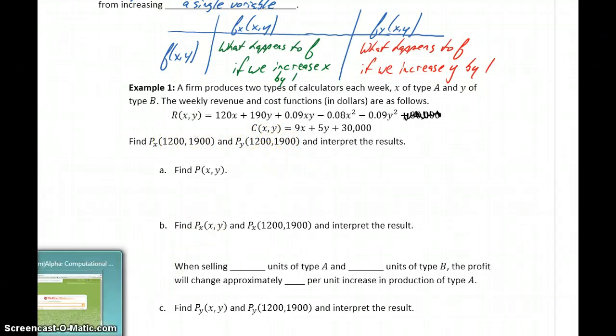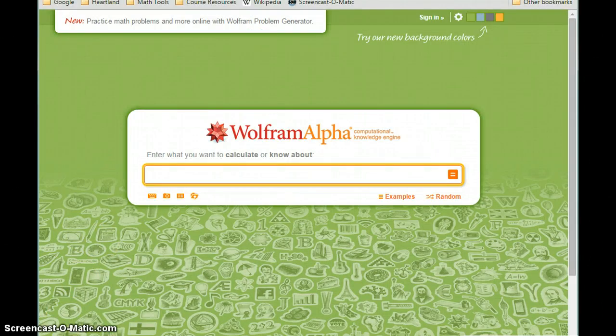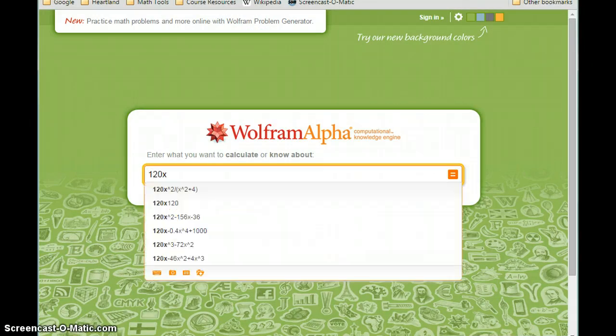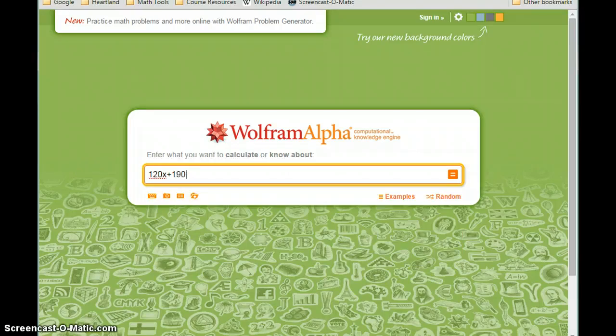So in part A, the first thing to do is find the profit function. We could do this by hand, or we can take care of this with Wolfram Alpha. So we type in the revenue function, and then we want to make sure we subtract that cost function in parentheses so that the negative will get distributed through.